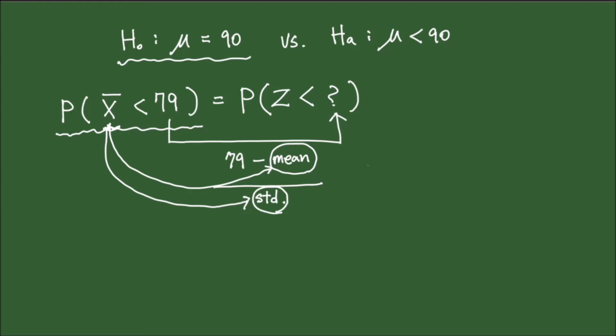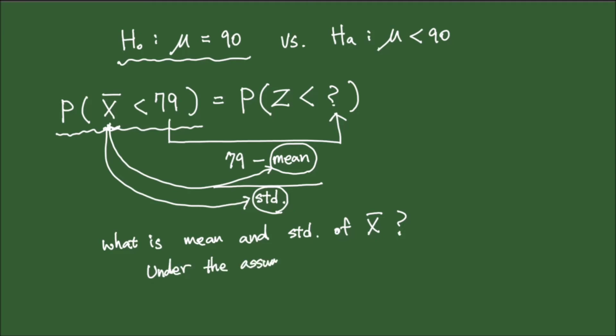And then my question is, what are the mean and standard deviation of x bar under the assumption that H null is true?